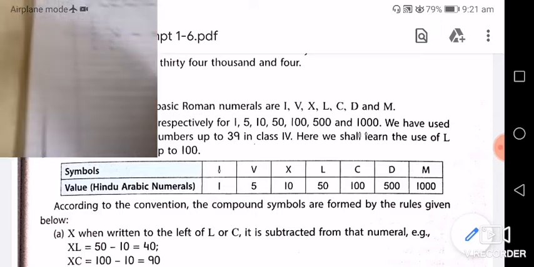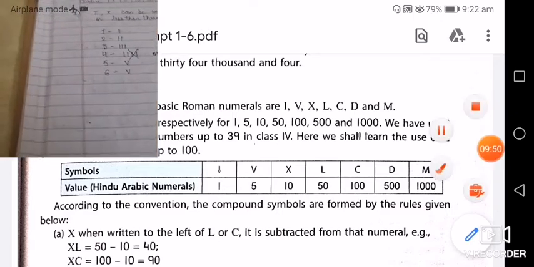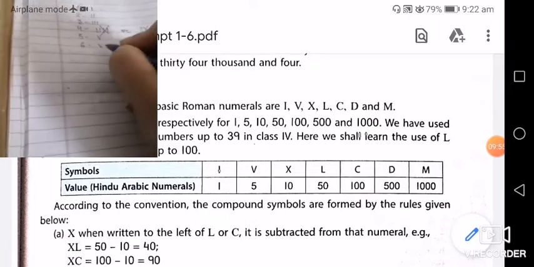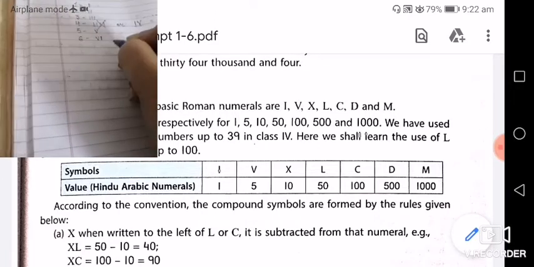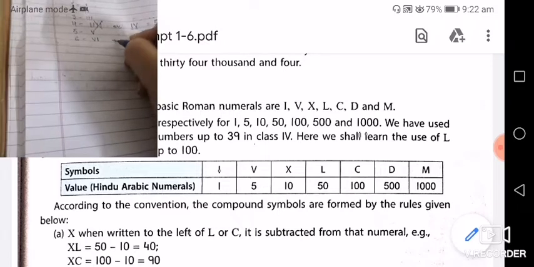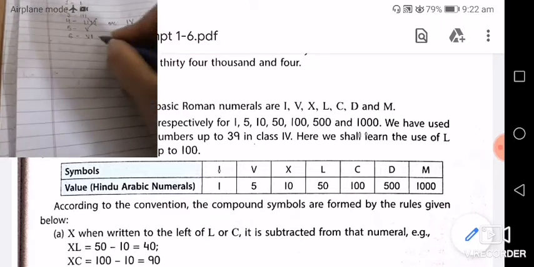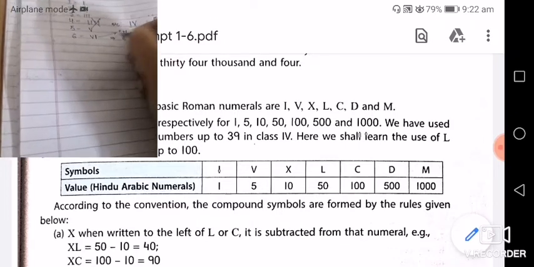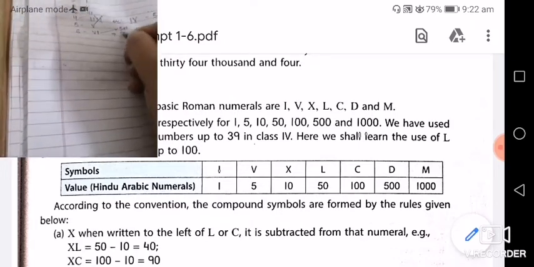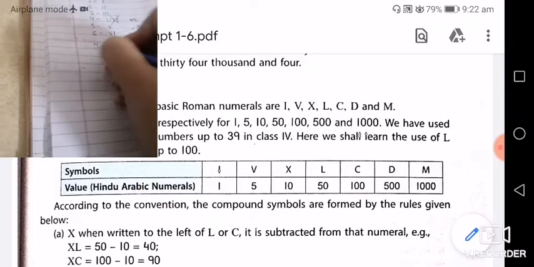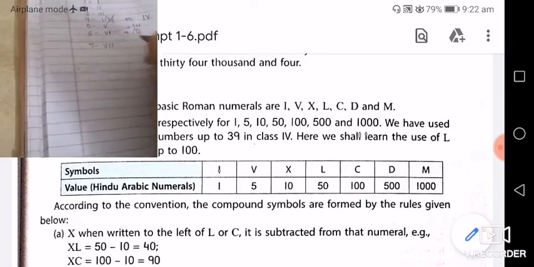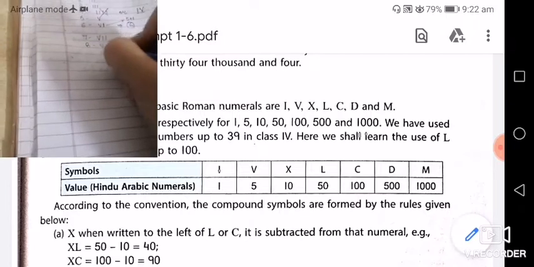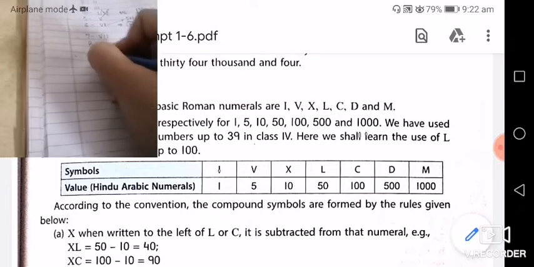When we are putting this Roman numeral after any Roman numeral, it means we are adding 5 plus 1. That will become 6. Similarly, for 7, 5 plus 2, that will become 7. 8, 5 plus 3.